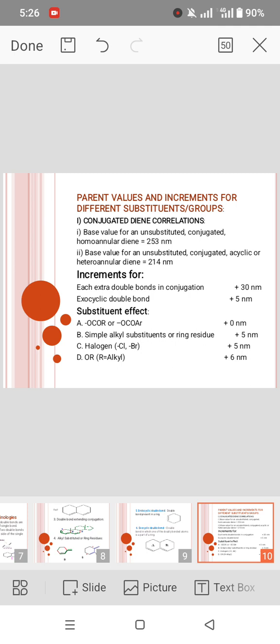But if I have simple alkyl substituents or ring residues in the diene, then I have to add plus 5. And if I have a halogen, for example Cl or Br, in the ring, then I have to add 5 again. And if I have an OR group present in the diene, then I have to add plus 6 nanometers in order to calculate the overall lambda max value.